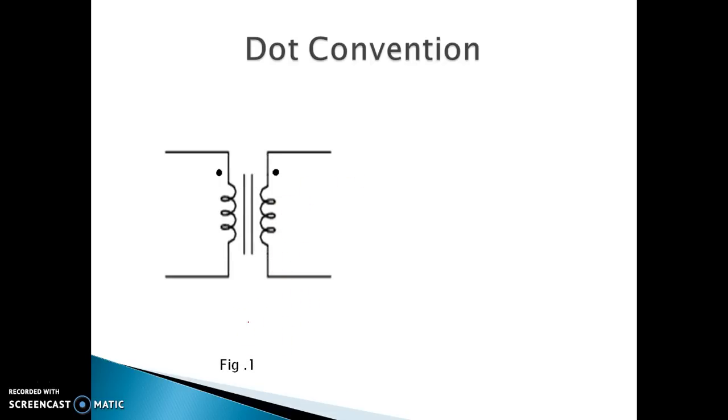Here there is figure 1. The dot convention appearing at one end of both the windings tells the polarity of voltage and current of the whole transformer. If the primary voltage is positive at the dotted end with respect to the undotted end, then the secondary voltage will be positive at the dotted end with respect to the unmarked end.